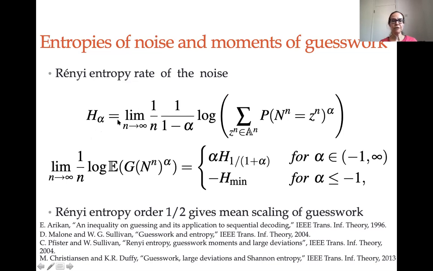The Rényi entropy is defined in the following way. So up until now, we've seen the Shannon entropy, where there is no subscript here. But this subscript here, in general, is called the order of the entropy, okay?